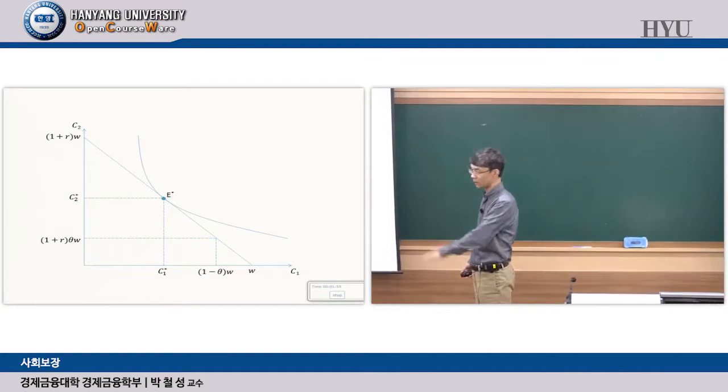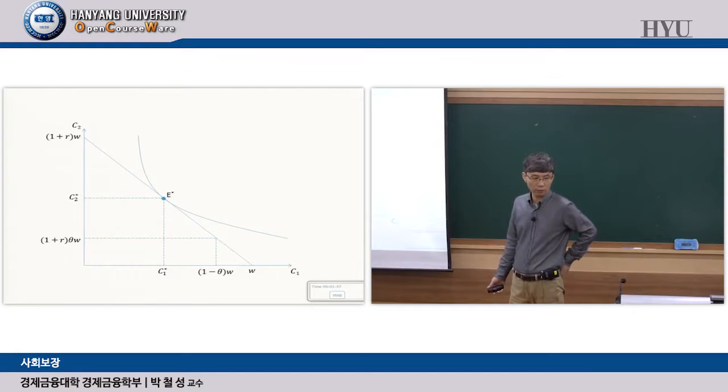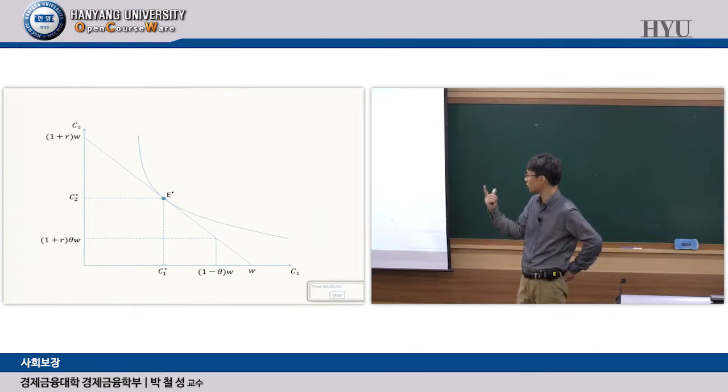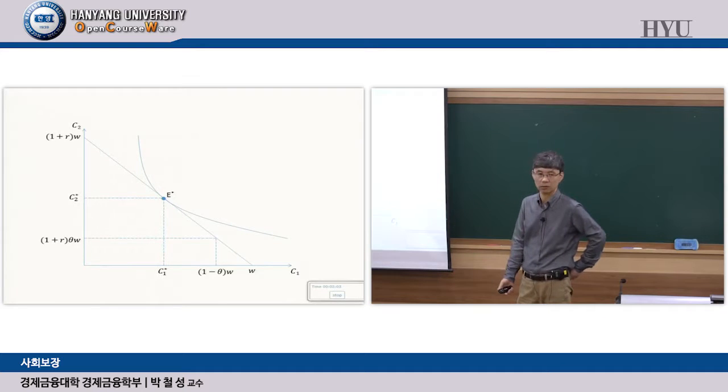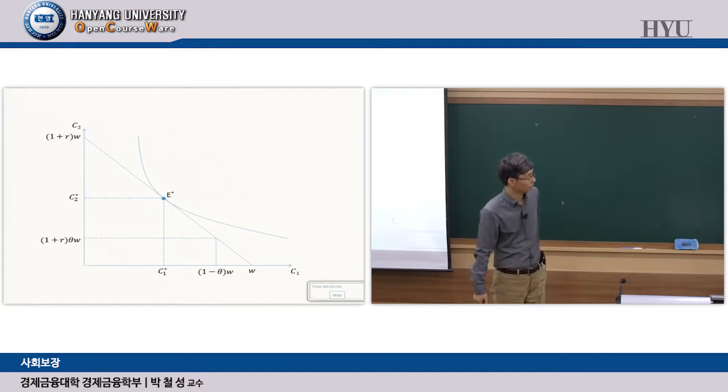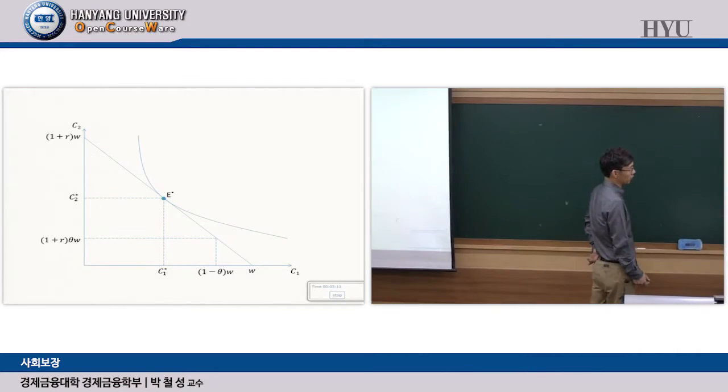So in this case, obviously, it has no effect on the economy. At the end, it just changes the composition of total savings. So it was before only private saving, now it is private savings plus pension savings or pension contribution.